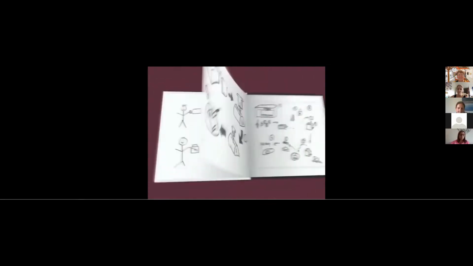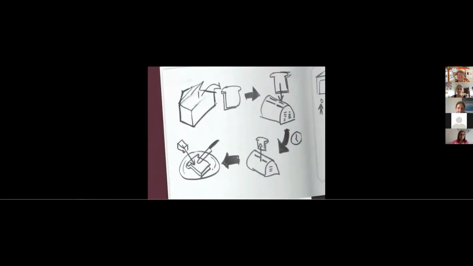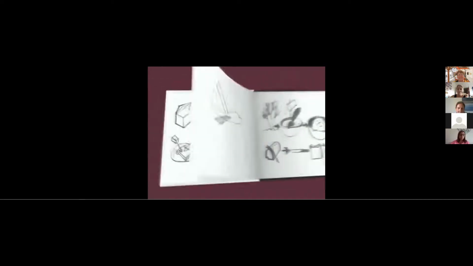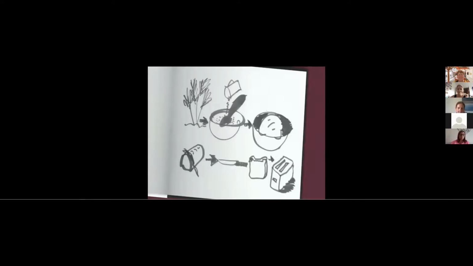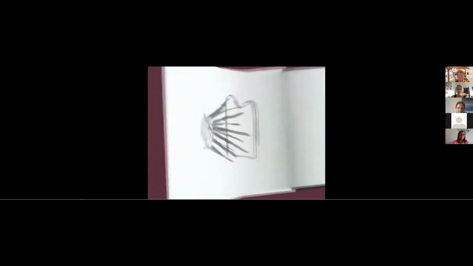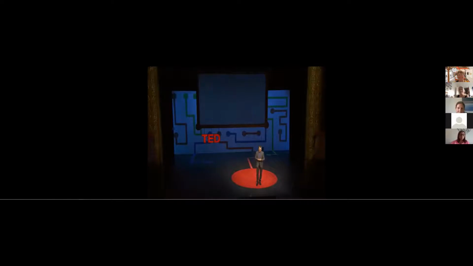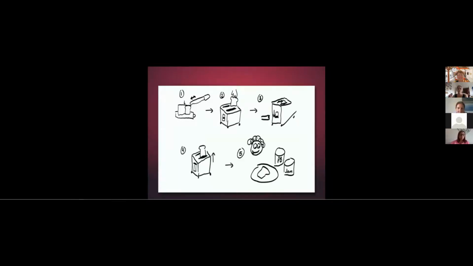And then there are others that are about the supply chain of making toast that goes all the way back to the store. It goes through the supply chain networks of teleportation and all the way back to the field and wheat. And that one actually goes all the way back to the Big Bang. So it's crazy stuff. But I think it's obvious that even though these drawings are really wildly different, they share a common quality. And I'm wondering if you can see it. Do you see it? What's common about these?